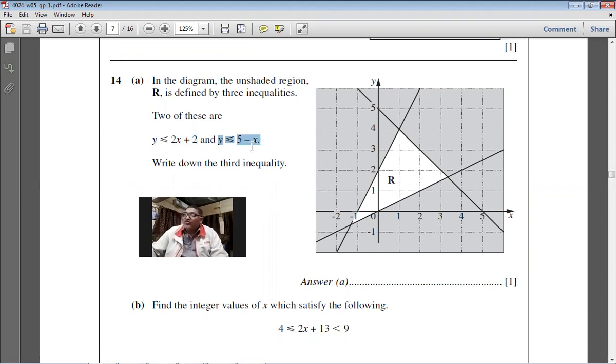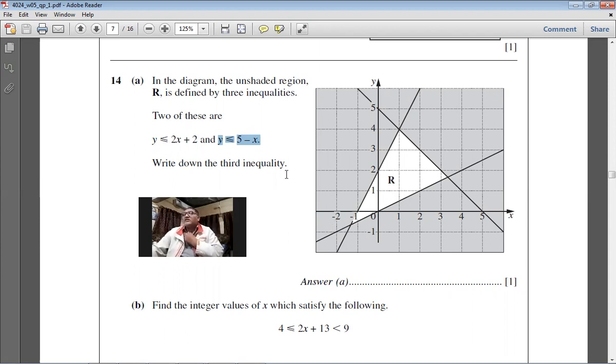It's a line whose gradient is -1 and its y-intercept is 5. So they are talking about this line. So you see, from the equation I am able to connect the graph with that equation by concentrating on the gradient and the y-intercept. Now this third line is left.